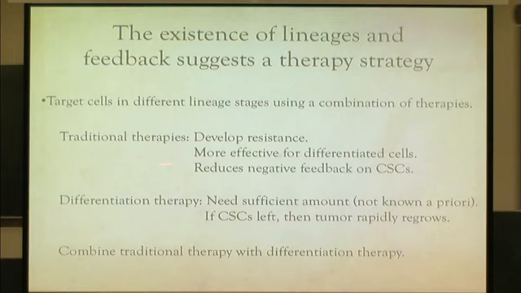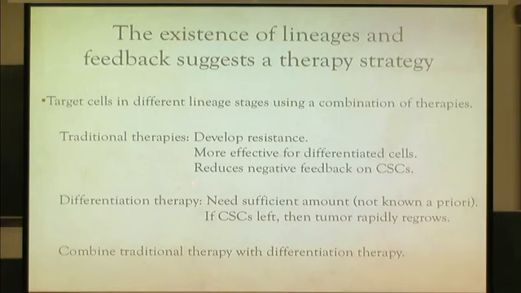So for traditional therapy, the problem is that you develop resistance. And one of the mechanisms by which you develop resistance is that you can increase the fraction of stem cells. That occurs because, one, the therapy is more efficient for the differentiated cells because they have less well-developed repair mechanisms.